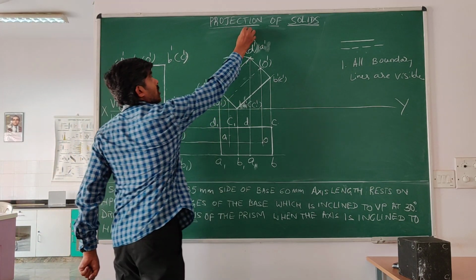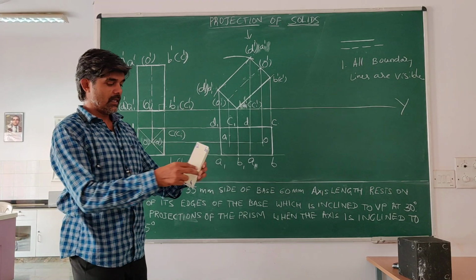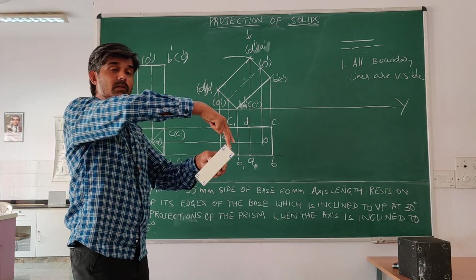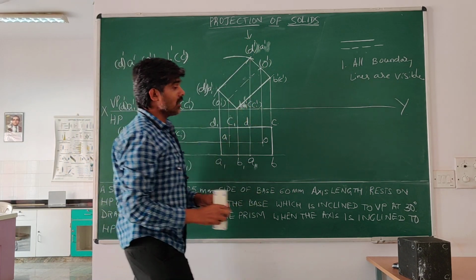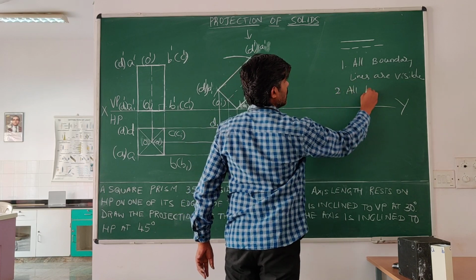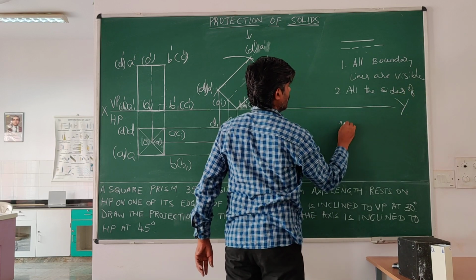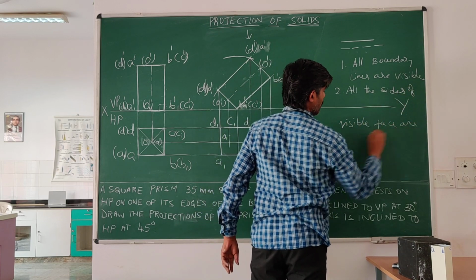Now, to get the top view, the observer sees from here. After rotating, in the top view the observer sees this face as visible. All the sides of the visible face are visible.